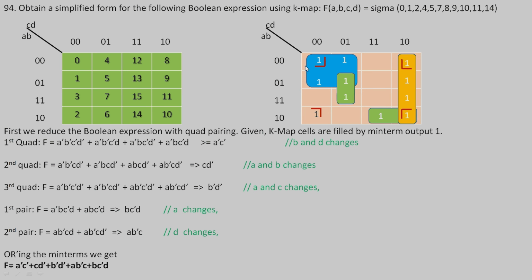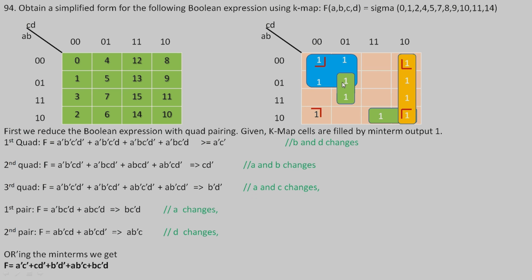Here you see A complement, B complement, C complement, D complement, for this one, and here A complement, B complement, C, D complement. Then A, B complement, C complement, D complement, and then A, B complement, C, D complement for this one. So from there, A and C change their values, while B complement and D complement remain the same.